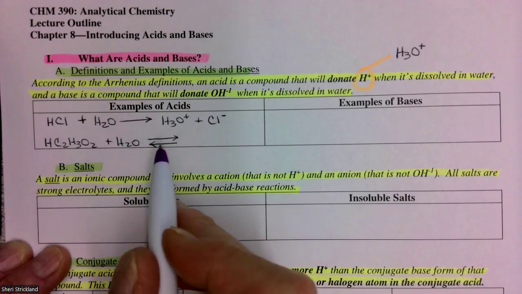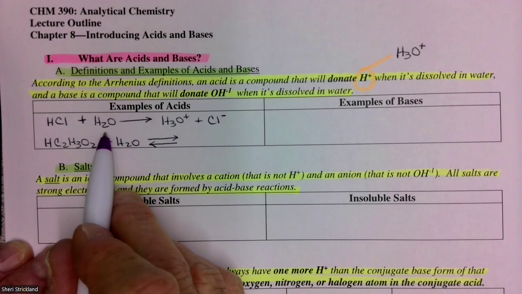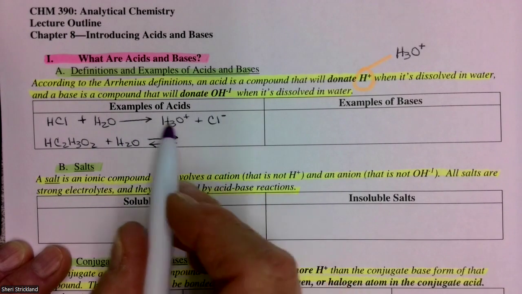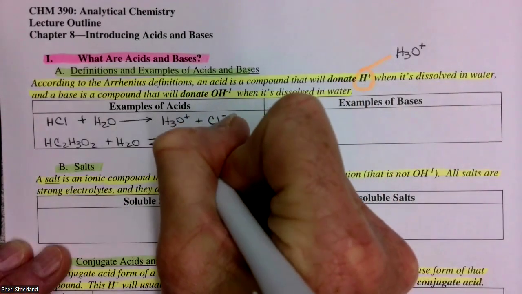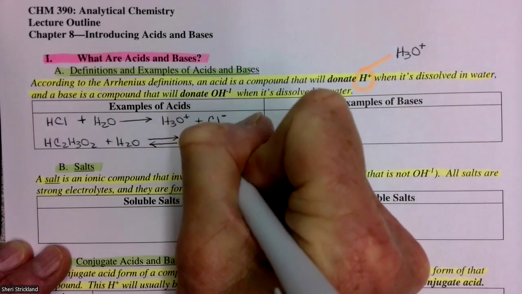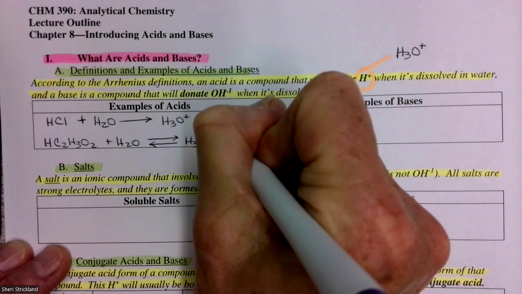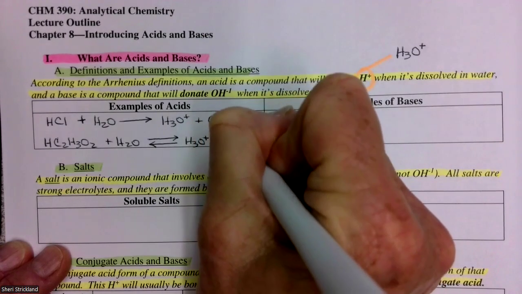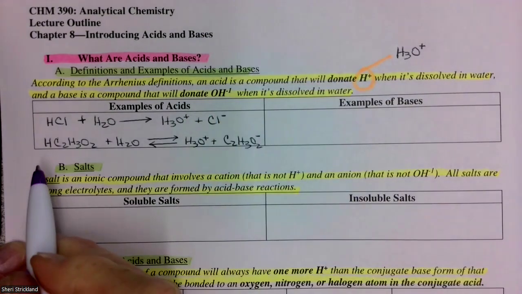The products are always the conjugate acid of the base on the reactant side and the conjugate base of the acid on the reactant side. So here we have hydronium ions, which is the conjugate acid of the base, and then the acetate ion, C2H3O2, which is the conjugate base of the acid.